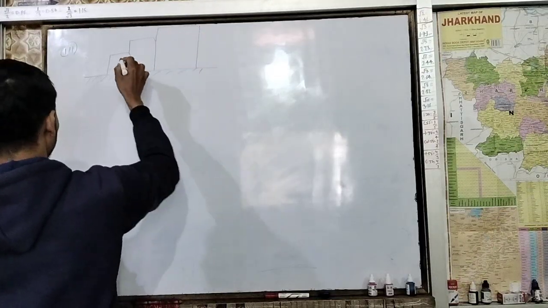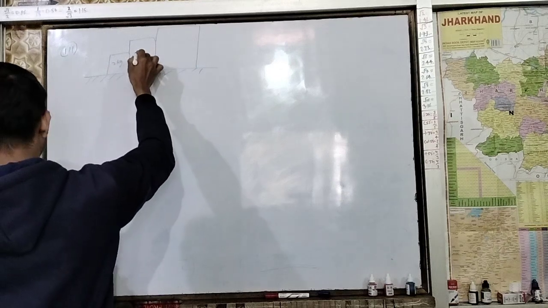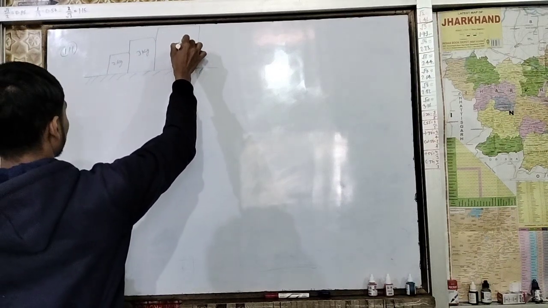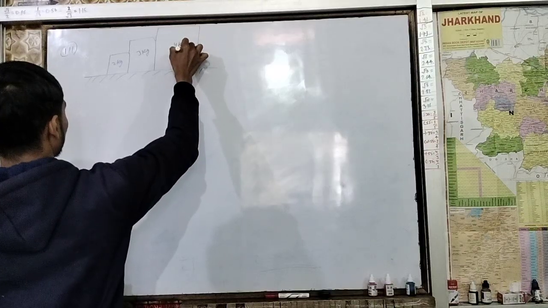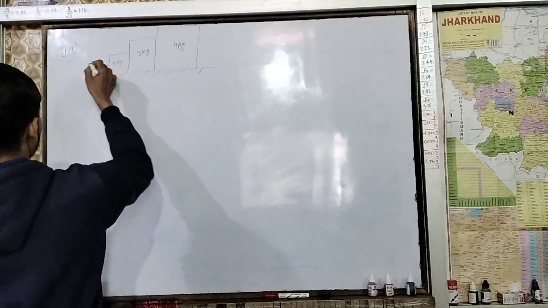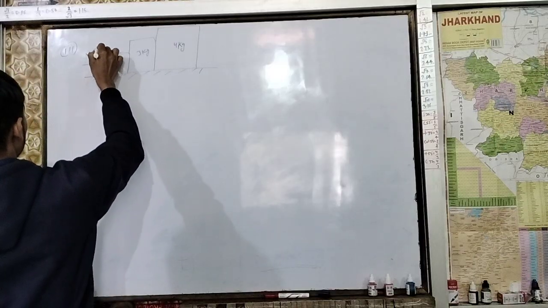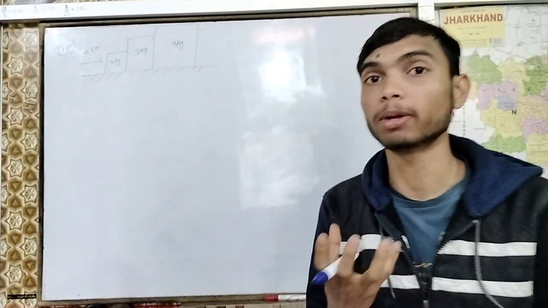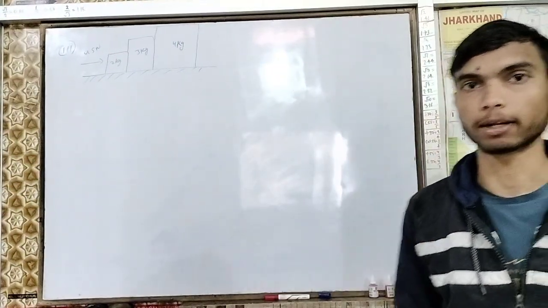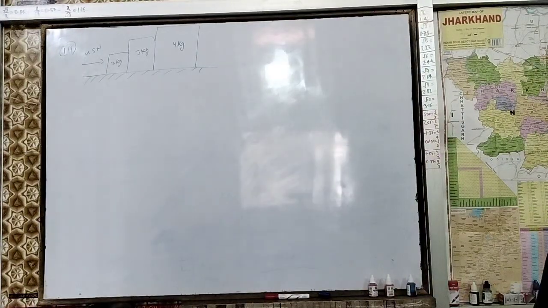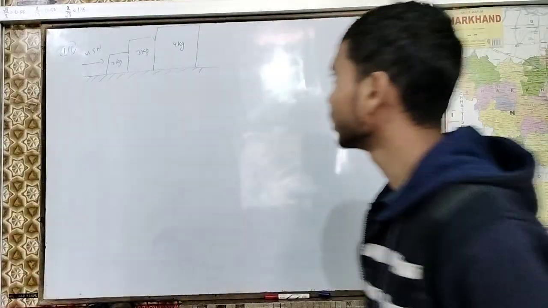So next, there are three bodies: 2 kg, 3 kg, 4 kg, and the acting force is 45 Newton. One by one, we will draw the FBD, free body diagram, for each body. Okay.